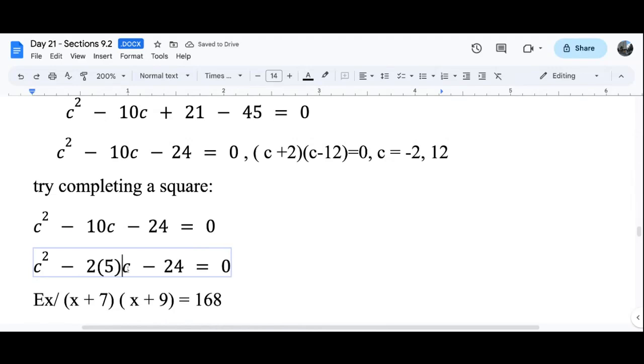And because this is a negative 5, we don't really care. If we put a negative sign here, we don't really care about negative or positive, right? Then we add 25, we subtract 25 at the same time.